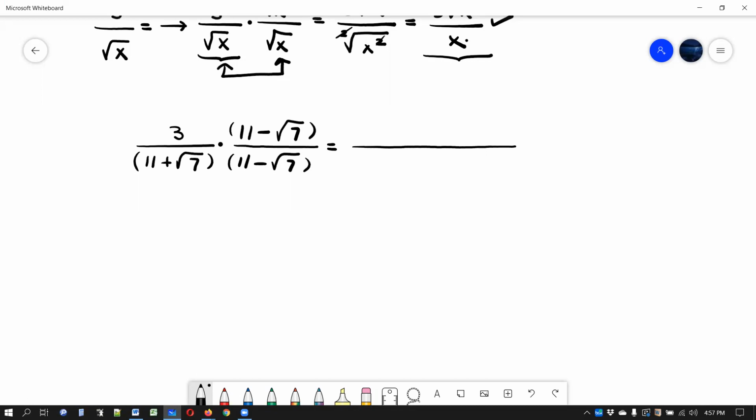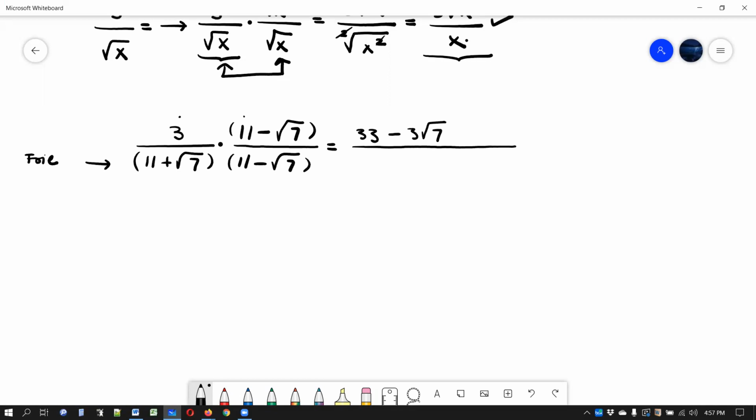Just as we did before in the previous video, this is going to multiply the 11. The 3 is going to multiply to 1 radical 7. And for the denominator, we are going to apply the FOIL method, right? Because I have two terms and two terms over here.